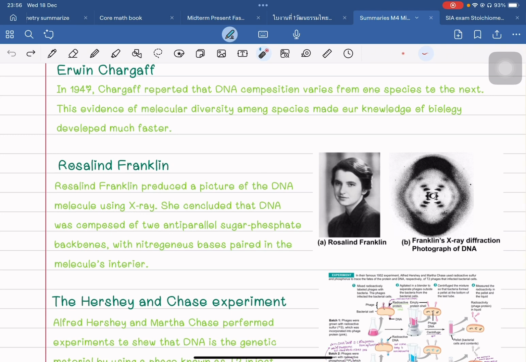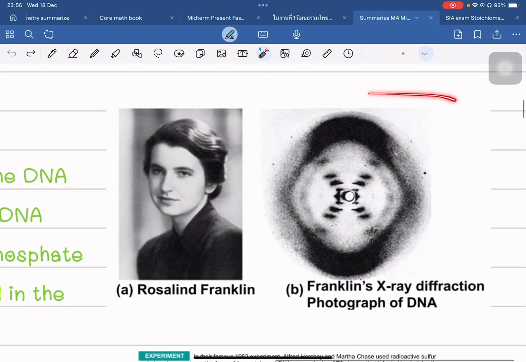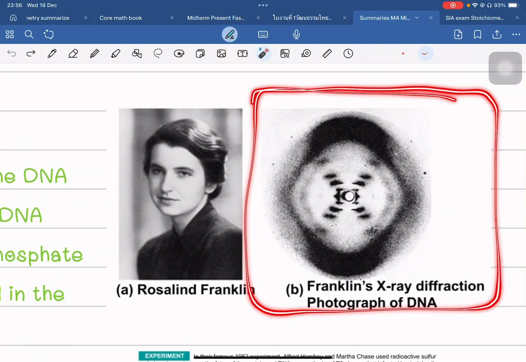She produced pictures of the DNA molecule using X-rays. She concluded that DNA was composed of two antiparallel sugar-phosphate backbones with nitrogenous bases paired in the molecule's interior. This is one of the many pictures that she captured with X-rays.